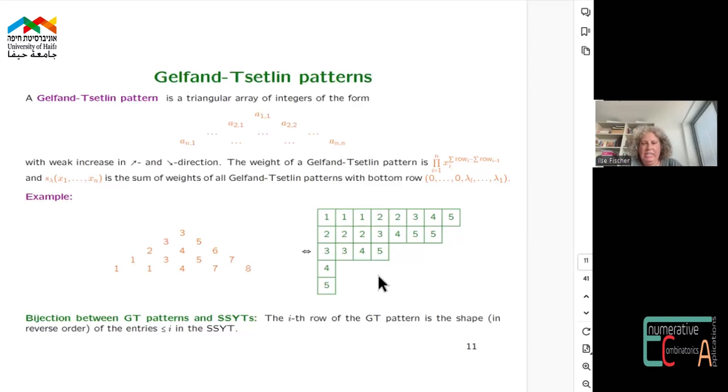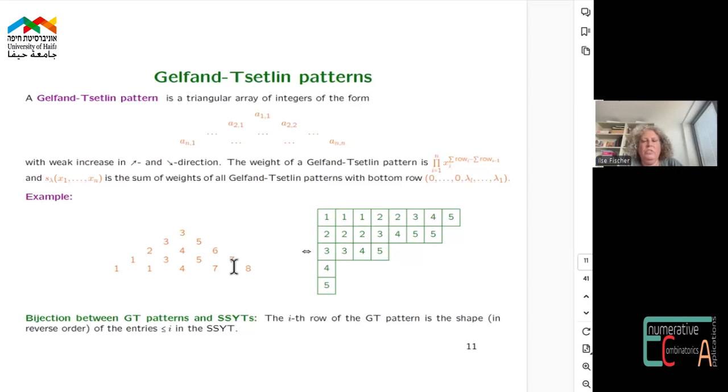And here I try to indicate the bijection between Gelfand-Tsetlin patterns and semi-standard Young tableaux, if you know this definition of Schur functions. This semi-standard Young tableau corresponds to this Gelfand-Tsetlin pattern, and the bijection is the following. If you look at the i-th row of the Gelfand-Tsetlin pattern, then this is the shape, in reverse order, of the entries less than or equal to i in a semi-standard Young tableau. For instance, let's look at the fourth row of the Gelfand-Tsetlin pattern.